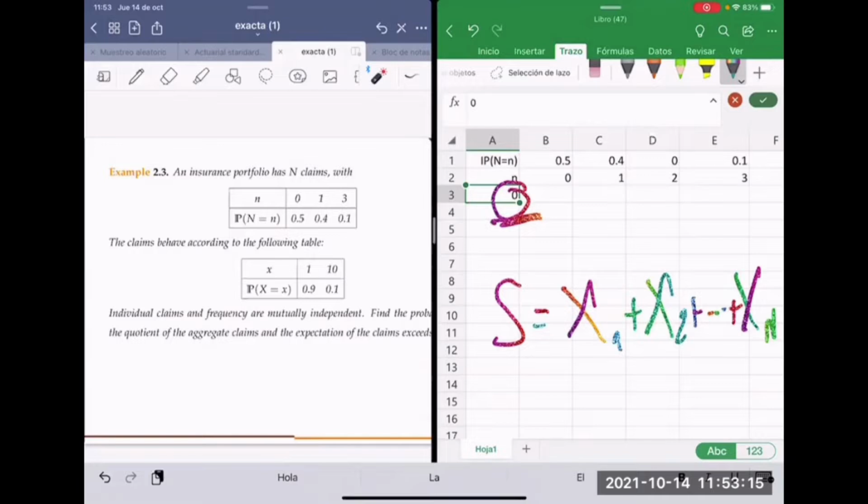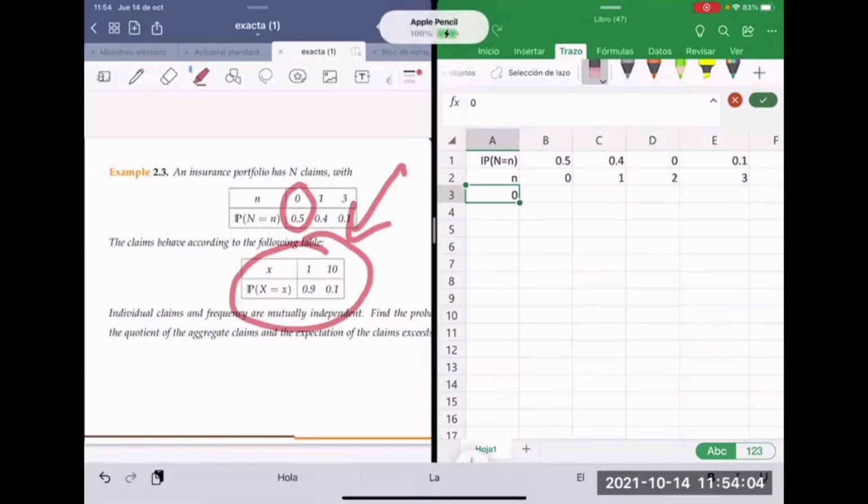So it doesn't matter if the distribution of the severity has no mass points, for instance at 0, or if it just doesn't have any mass points at all. It just doesn't matter, because as long as you have a mass point of the frequency random variable at 0, then you definitely need to consider that.